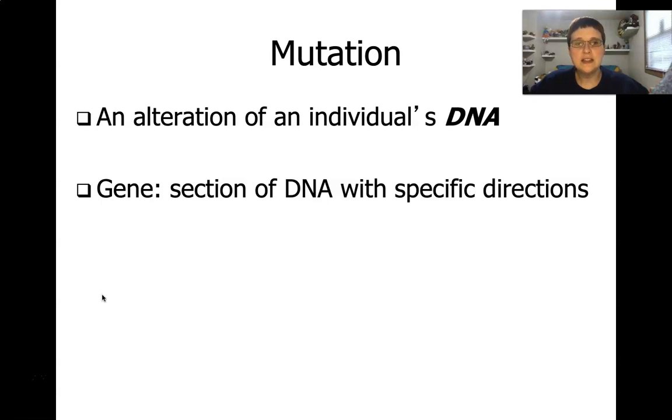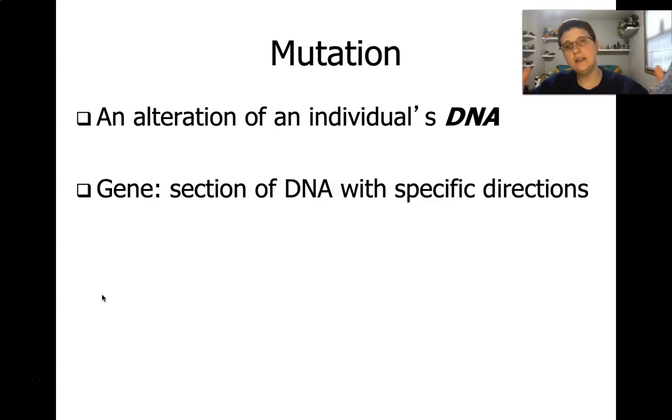Genes are just sections of the DNA with specific directions. So this is basically like our cookbook. So it's going to tell your body to make the protein to make the color of your eyes, or the proteins to make the hair color, you know, your skin pigments, that sort of thing. So these are the recipes to make you.